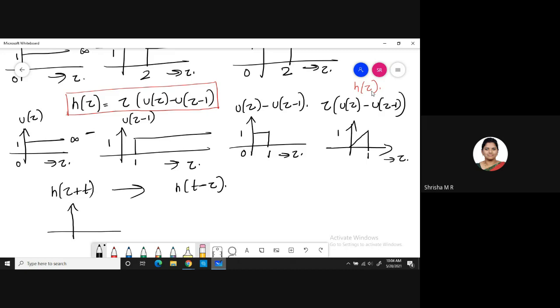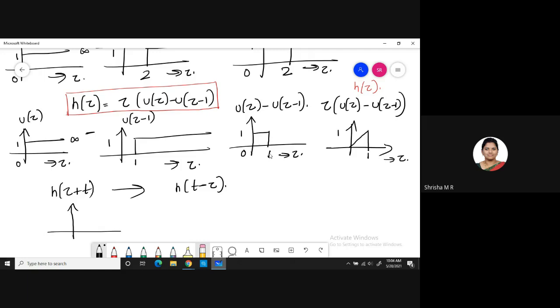How will it look? So it will be like this. You will have a waveform like this. So this is h of tau.